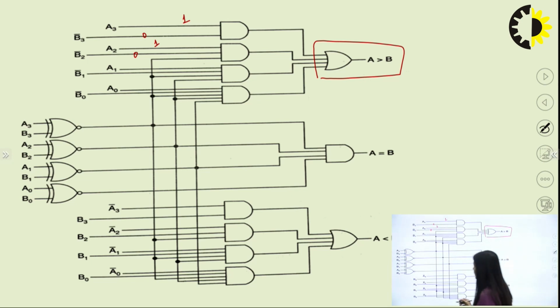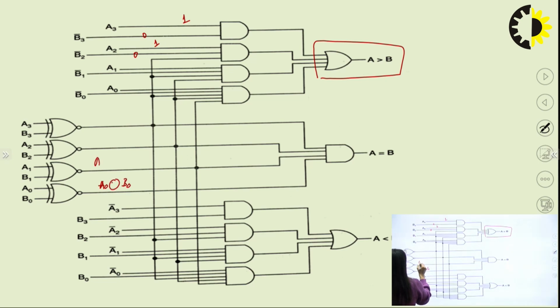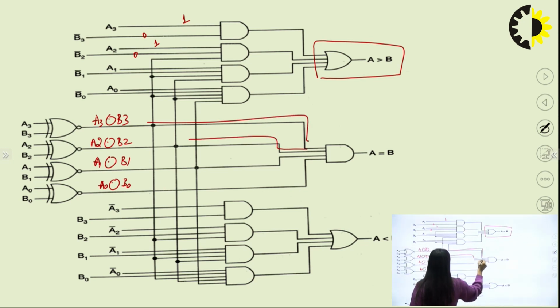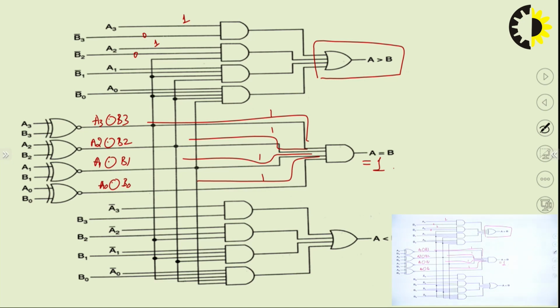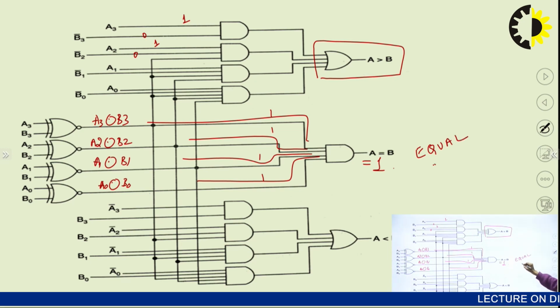Similarly, for A0, B0, all the bits should be 1. These are all equal cases, and all inputs are 1, then only the output should be 1 for the equal case. For the equal case, all should be 1.